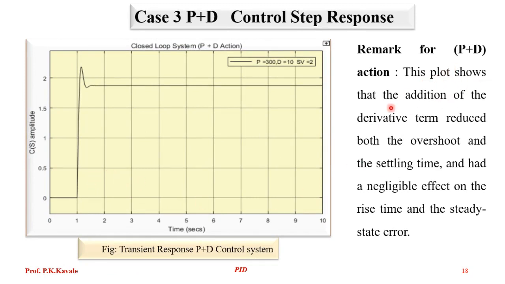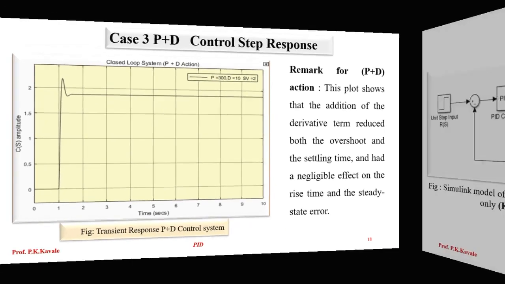The plot shows that the addition of the derivative term reduces both overshoot and settling time, with negligible effect on the rise time and the steady state error. So it reduces the overshoot, but the offset error remains the same. The rise time also remains the same; only the overshoot is reduced.